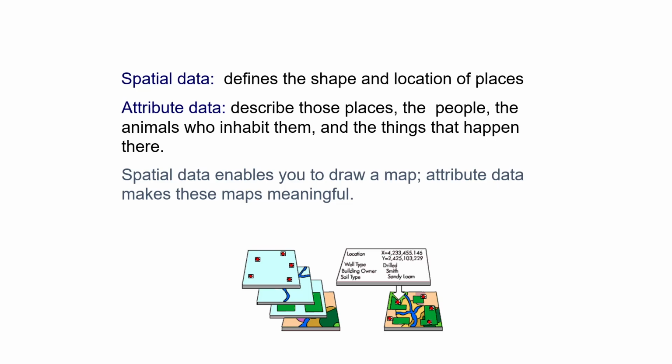Spatial data enables you to draw a map. Attribute data makes these maps meaningful. So you can see not only the parcels, but information about soil type, building owner, well type, water quality. All these attributes explain the spatial features.